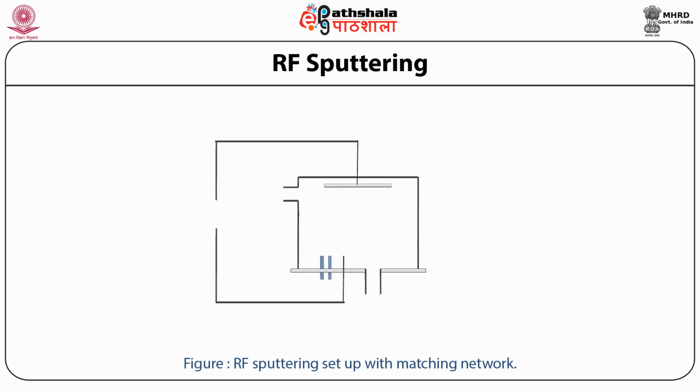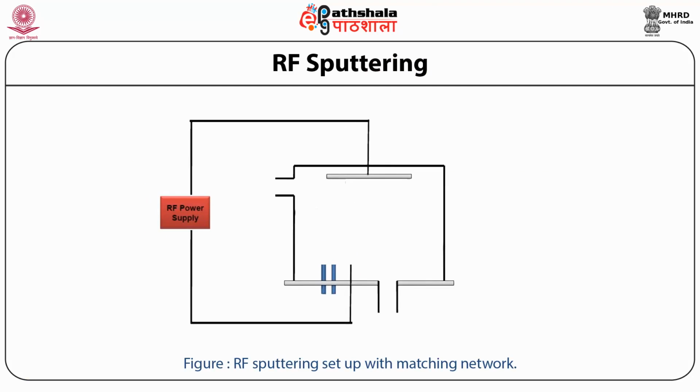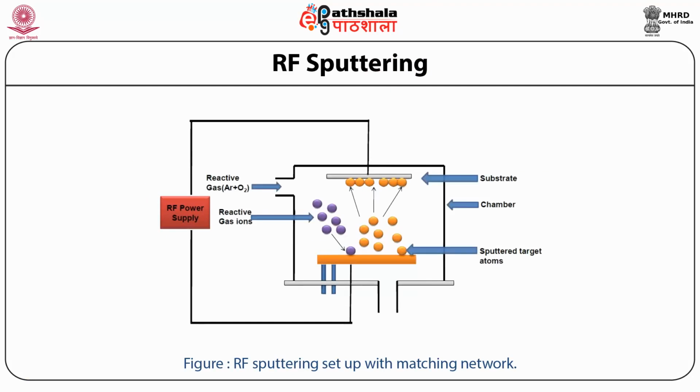Here, the given figure shows the RF sputtering setup with matching network. You can see the layout of the RF sputtering machine, in which there is a vacuum system which creates a vacuum inside the chamber. Inside the chamber, there is a substrate holder. There is a sputtering target out of which the atoms are being ejected or etched out.